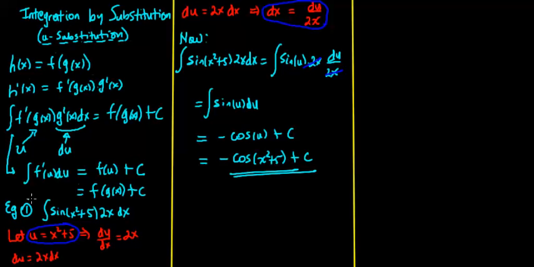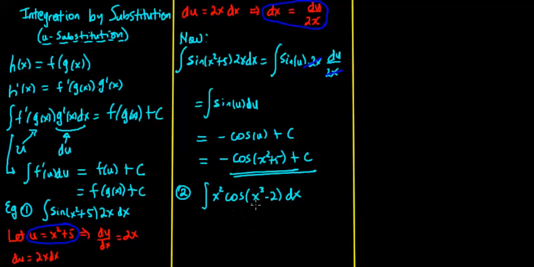Okay, let me do another example. And this will explain why I like to solve for dx instead of just putting du in to my expression. So my second example is the integral of x squared times cosine of x cubed minus 2 dx.